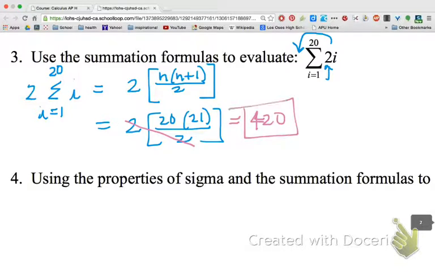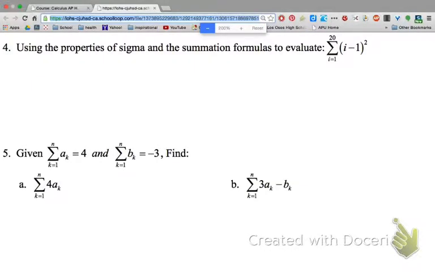So we're kicking it up a notch, and I don't have a formula for I minus something squared. I only have formulas for I squared and I cubed. So I have to figure out a way to rewrite this. Well, of course, I can FOIL that. And if I do, I get I squared minus 2I plus 1.